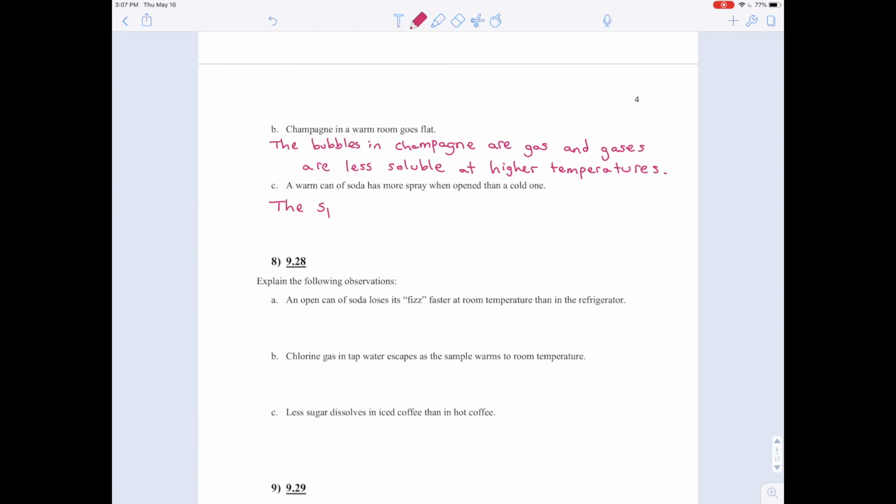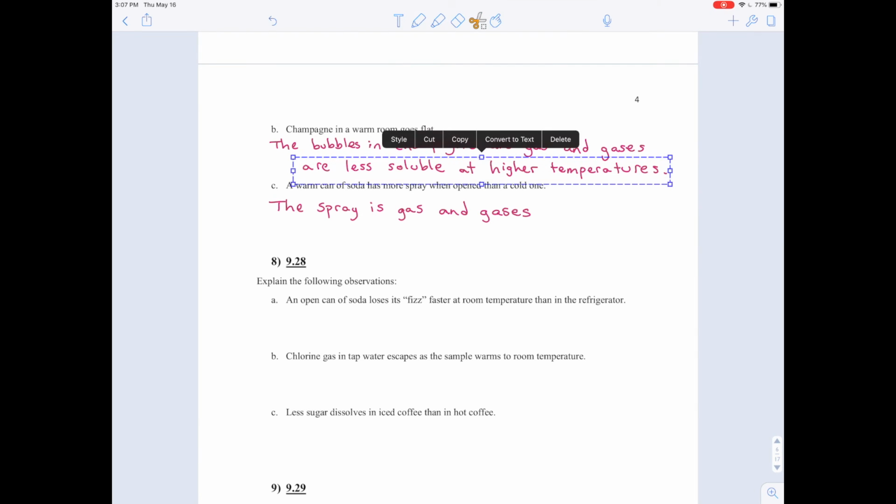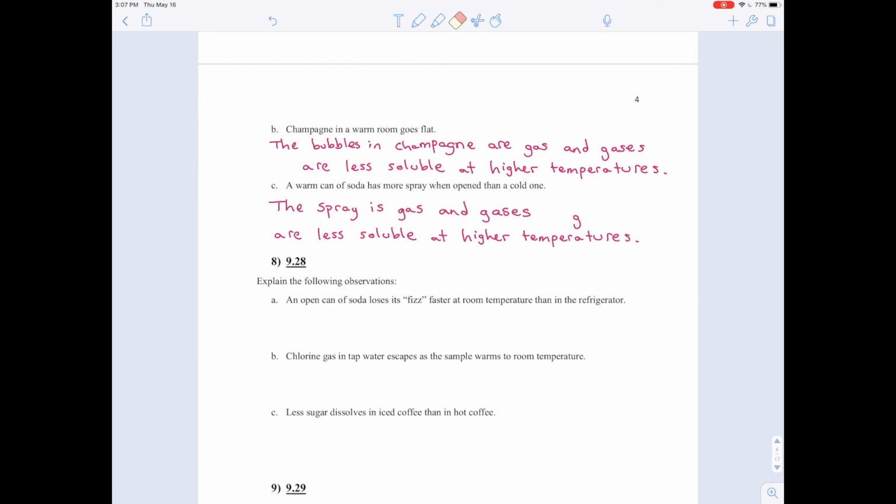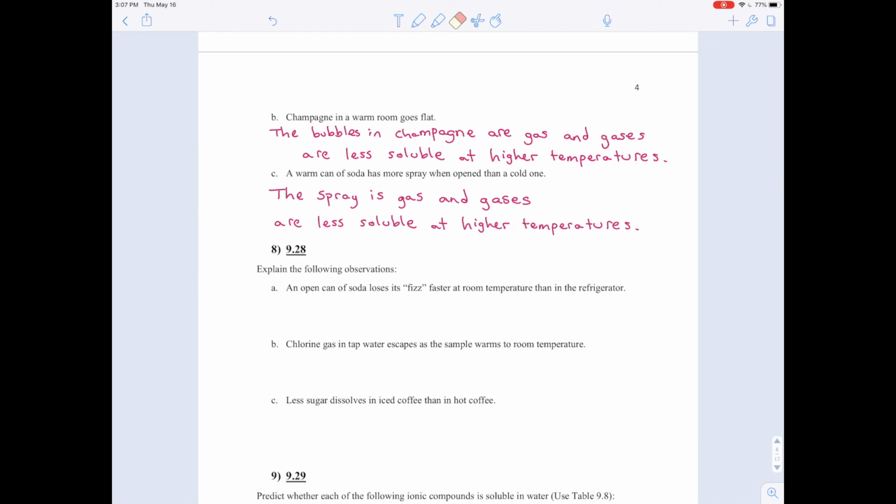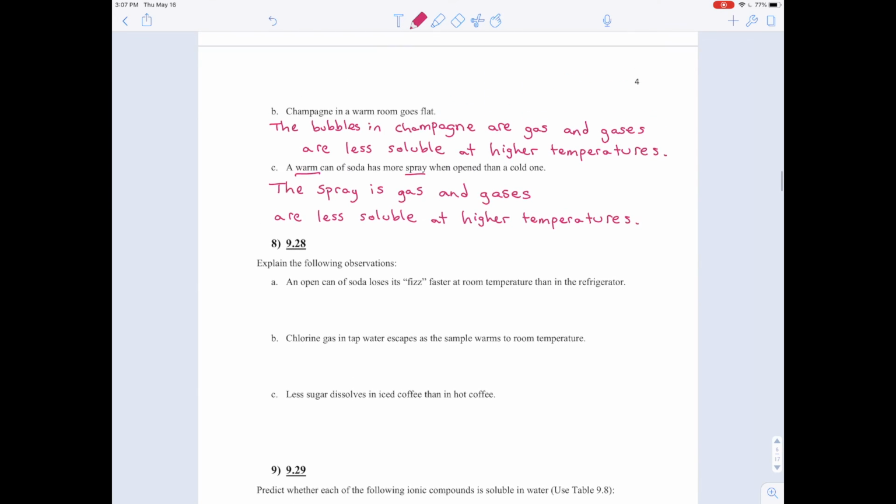The spray is gas, and gases are less soluble at higher temperatures. That's why a warm, aka a higher temperature, soda has more spray escaping, more gas escaping it.